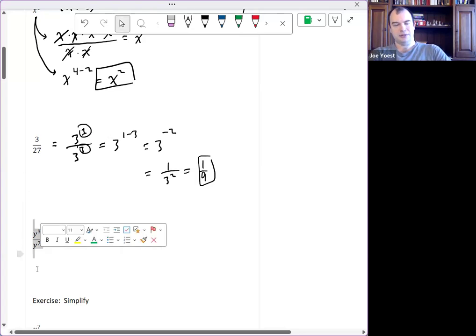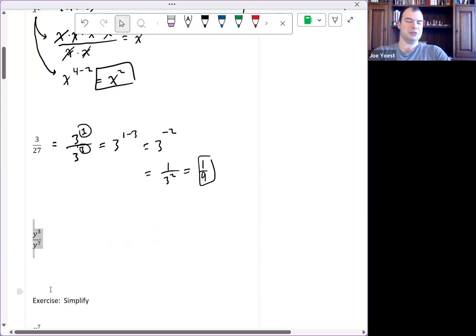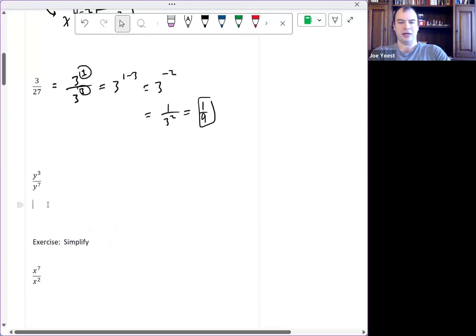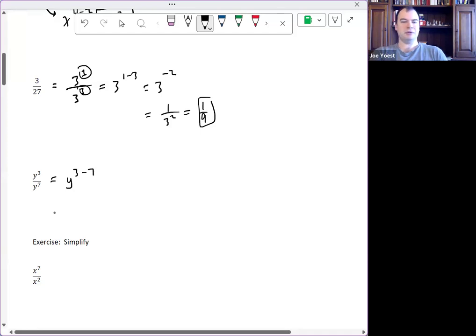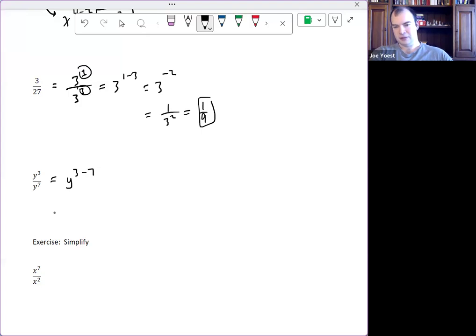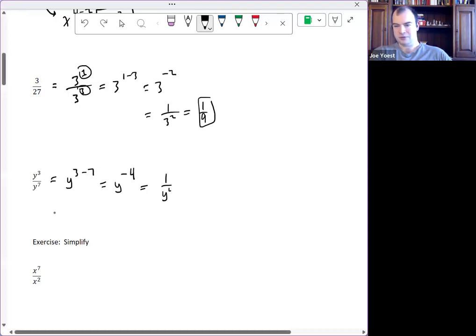But we now understand something a little more generally, and we can apply that to a problem like, say, this one, y to the third over y to the seventh. And see that's y to the power 3 minus 7, which is y to the negative 4 power, and which is 1 over y to the fourth power.